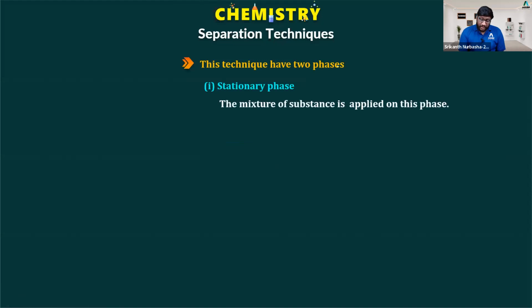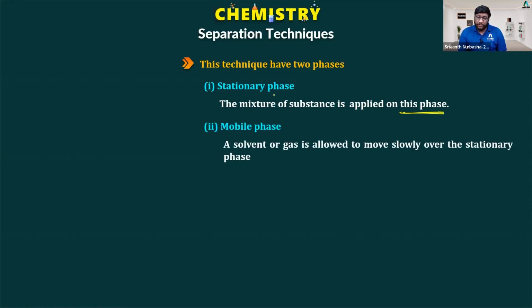This technique has 2 phases. Stationary phase: the mixture of substances is applied on this phase. Stationary phase is a fixed phase, it is not moving. Mobile phase, like a solvent or a gas, is allowed to move slowly through the stationary phase.